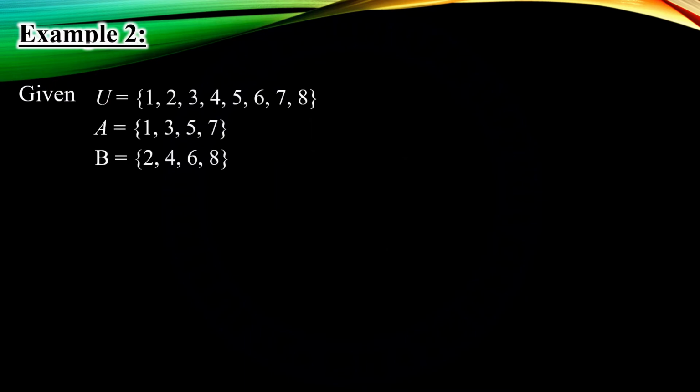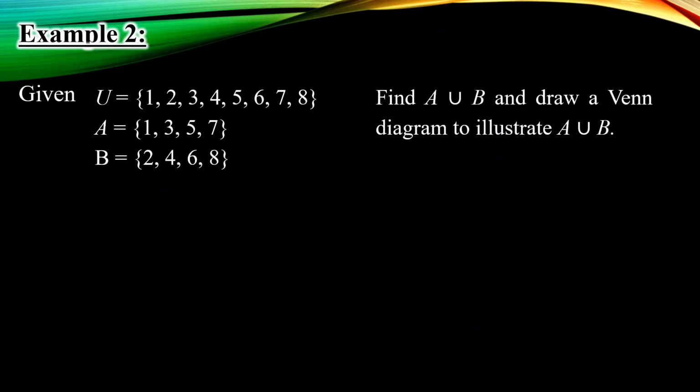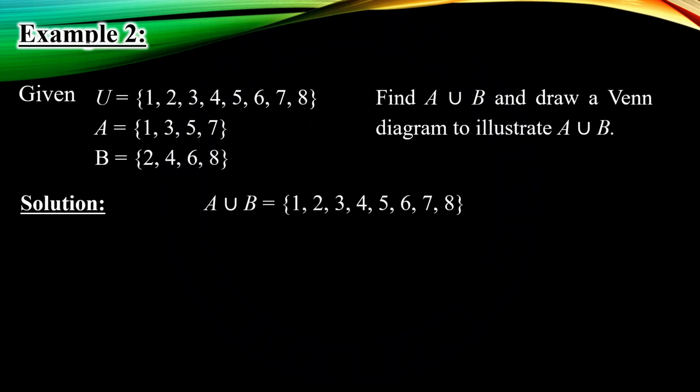For example number 2, the universal set contains 1, 2, 3, 4, 5, 6, 7, 8. Set A contains 1, 3, 5, 7, and set B contains 2, 4, 6, 8. So, find the elements or the outcomes of set A union B and draw a Venn diagram to illustrate set A union B. So here is the solution.